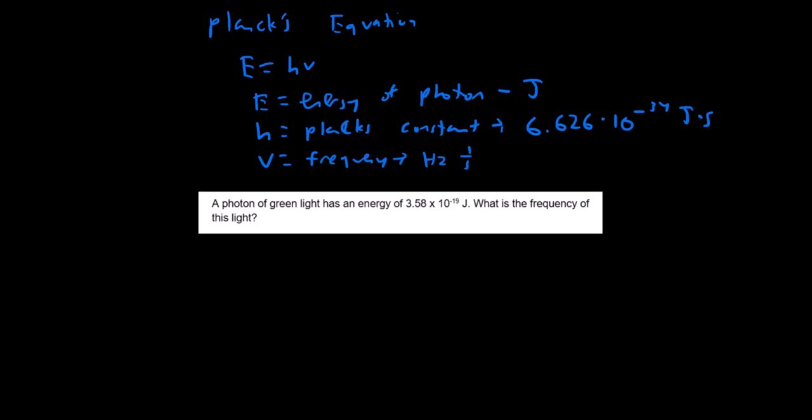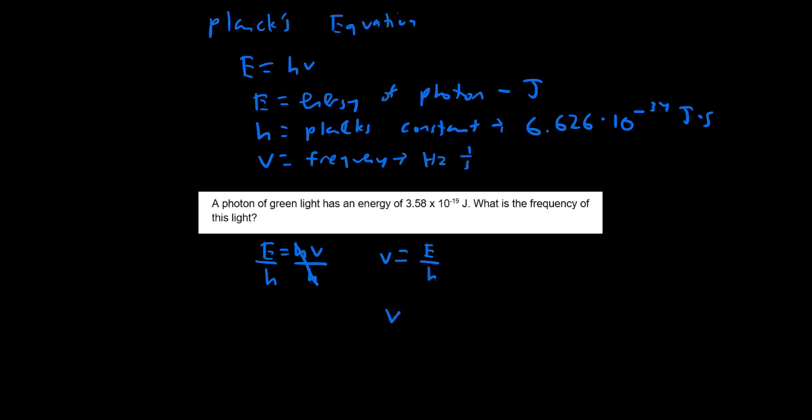So now we're going to do another practice problem. This question asks for the frequency and gives the energy of the photon. So we're going to write out the equation and we're going to get frequency on one side by itself. We're going to divide both sides by h to get the frequency, and the frequency is going to equal the energy over Planck's constant.